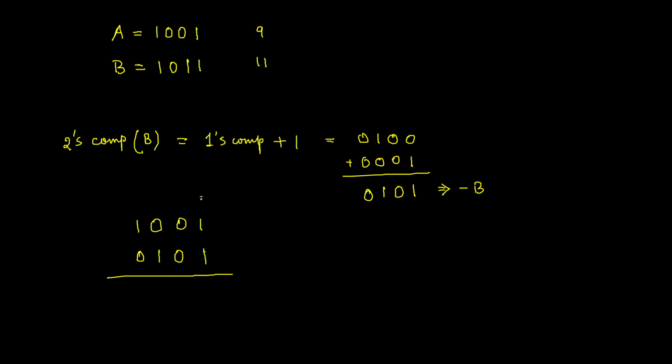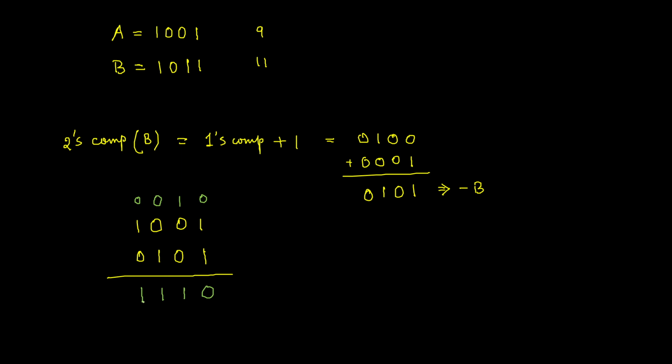So initial carry is 0 naturally, hence 1 plus 1 is 0, carry 1. That means it is 1, 1 plus 0 plus 0 is 1. Again 0 carry, so that means only 1. Again 0 carry, so that means only 1. You see, in this situation no carry has been generated.